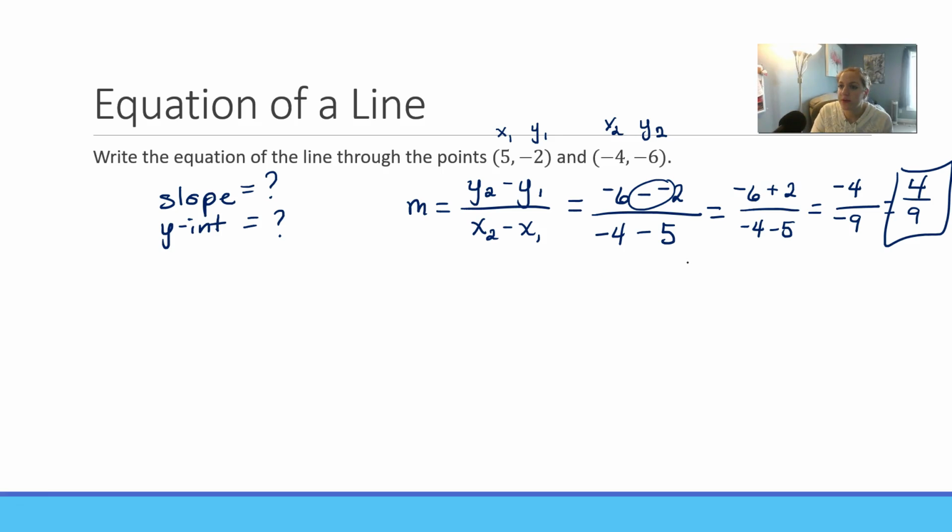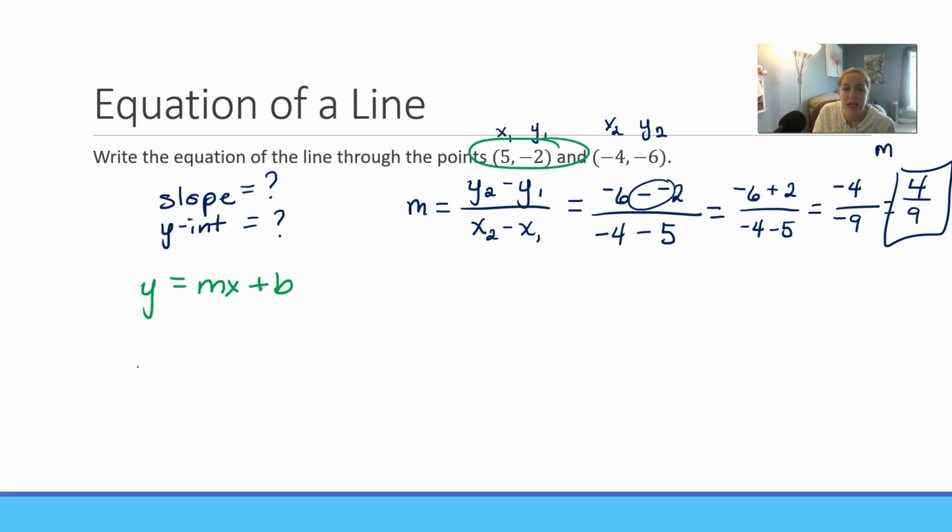How are we going to figure out our y-intercept? Well, what we can do to figure out the y-intercept is just choose one of those points. Which point do you want to use? Let's go ahead and just use this point. Plug in the information into our y equals mx plus b and solve for b.